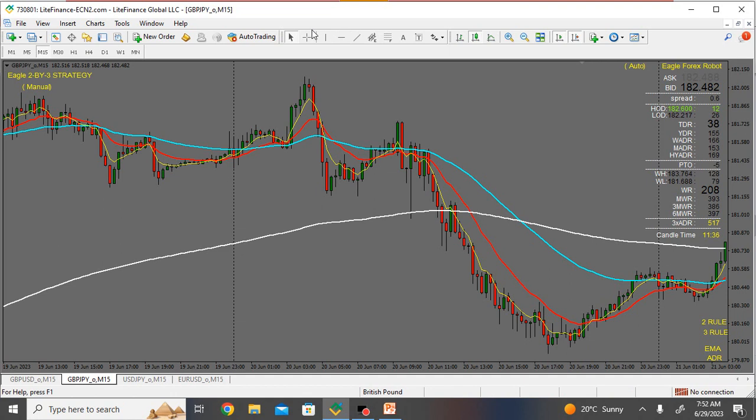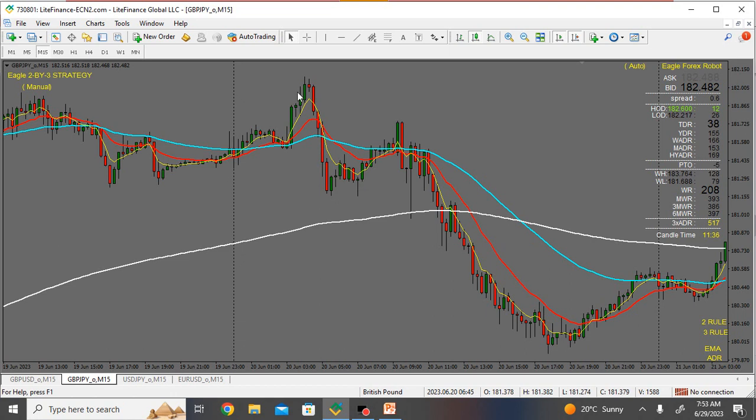For example, this first candle has how many pips? 20 pips. The second candle has how many pips? 18 pips. The third candle, how many pips? 42 pips. And the last one, how many pips? 27.